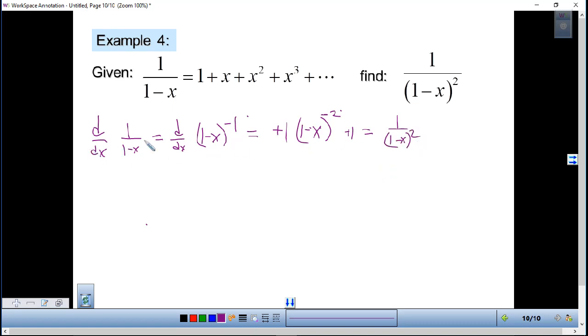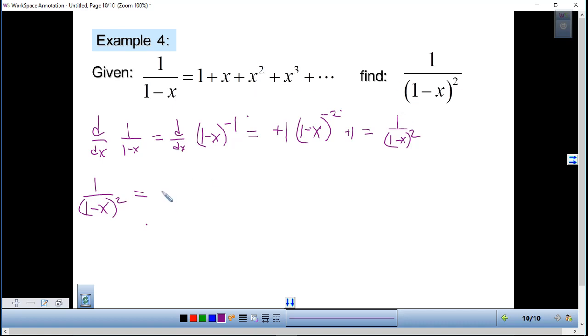So if we take the derivative of this side, we can take the derivative of this side and get what it equals. With our derivative being equal to what we're actually trying to find here, that means that 1 over 1 minus x quantity squared is going to equal the derivative of this, the derivative of that, the derivative of that, continuing on forever and ever.